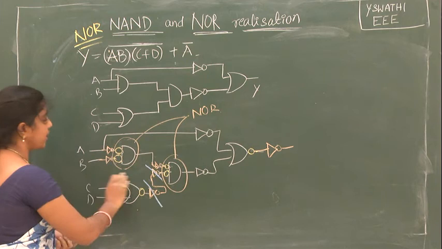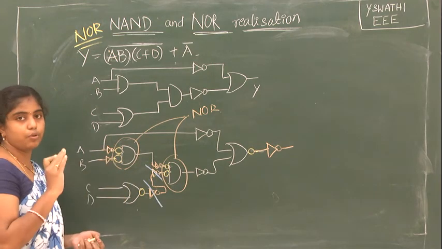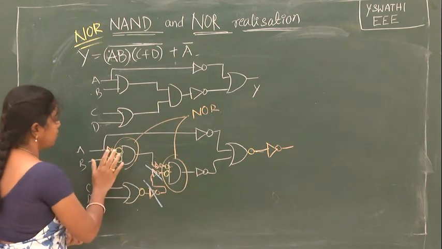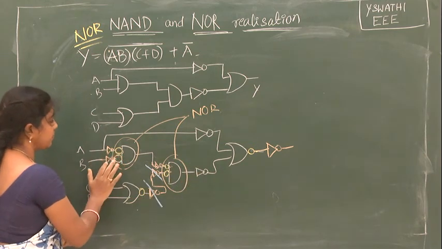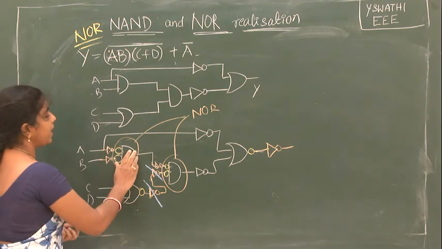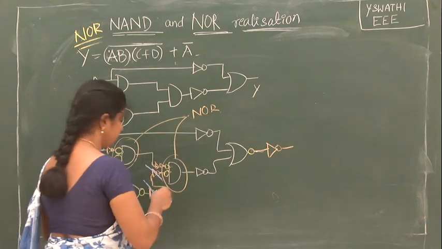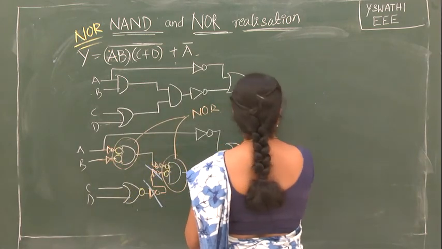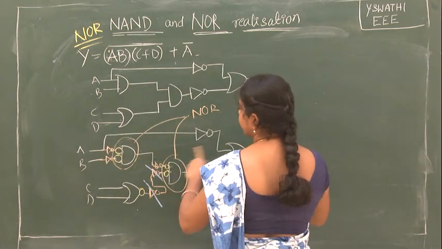In the rest of the lines, there are no double inverters. To represent this in NOR form, we have to represent each NOT gate with a same input NOR gate and the bubbled AND gate with a NOR gate. See, the final expression is like this. The final form of the NOR gate realization.